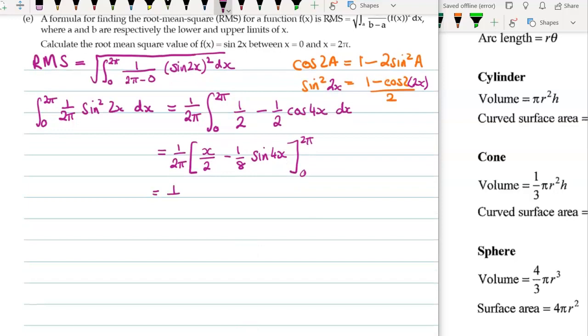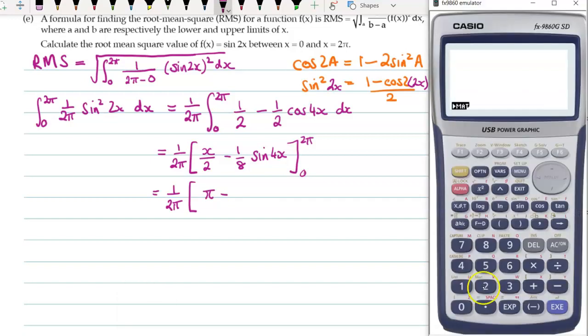Okay, so it's 1 over 2 pi times 2 pi over 2, so that's just pi, minus 1/8 of sine of, let me just work this one out. So we've got 2 pi, we're going to times it by 4, and then do sine of that. So that's a 0.